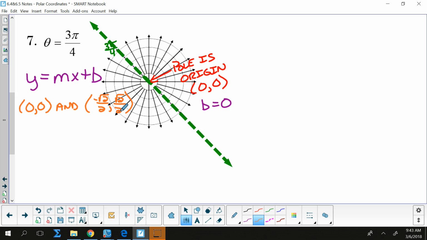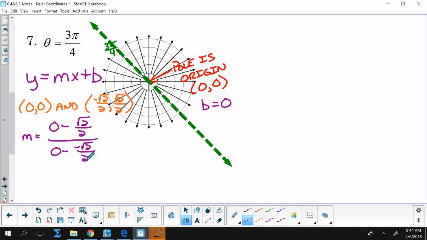So how do I find the slope between 2 points? Which one goes on top? Subtract the y's or subtract the x's? Y's on top. So my slope here is going to be 0 minus the square root of 2 over 2, over 0 minus negative square root 2 over 2.